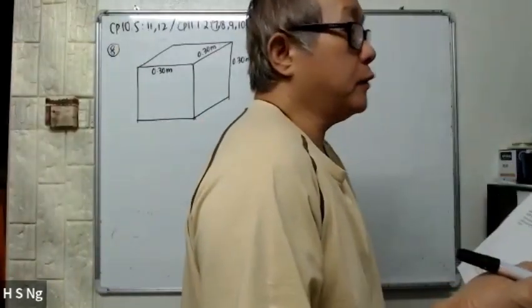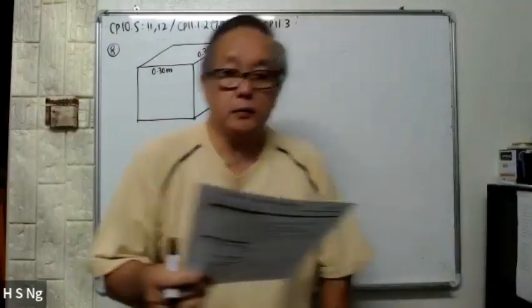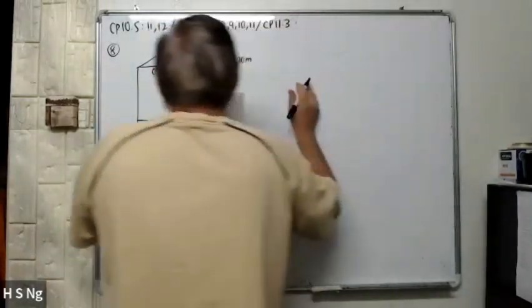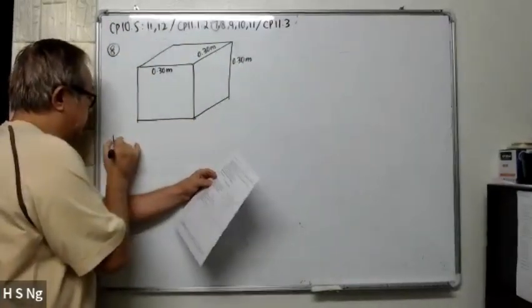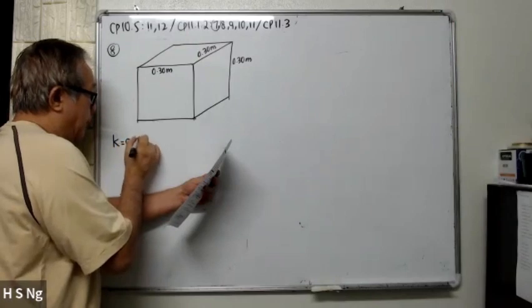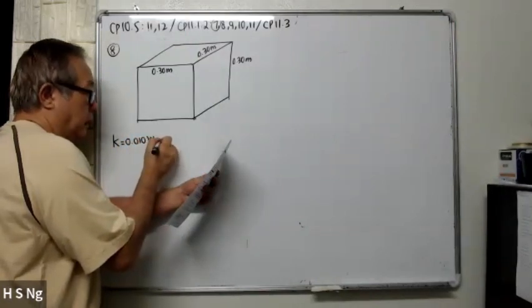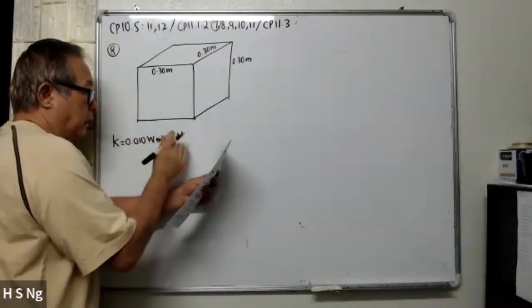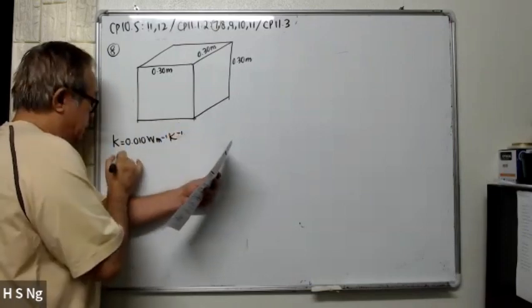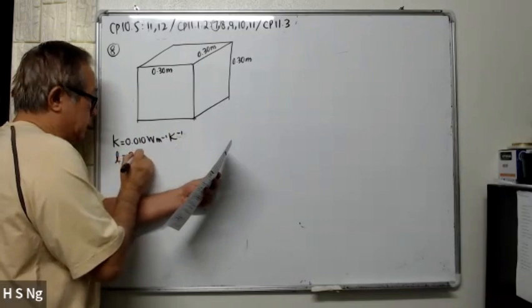Find the power transfer through the box, assuming that heat transfer from each wall of the cube is the same. You are given the thermal conductivity of polystyrene and the specific latent heat.